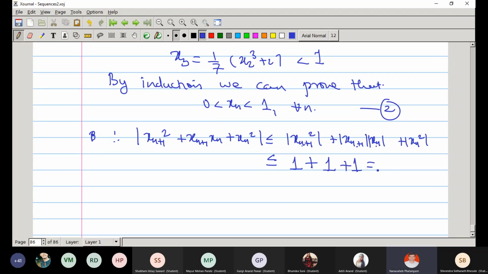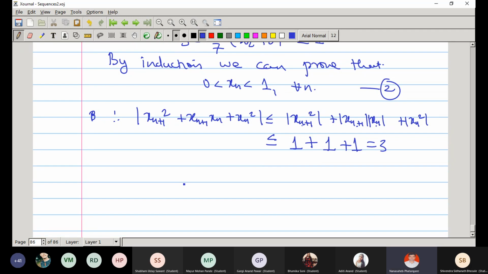So the second bracket is less than or equal to 3.